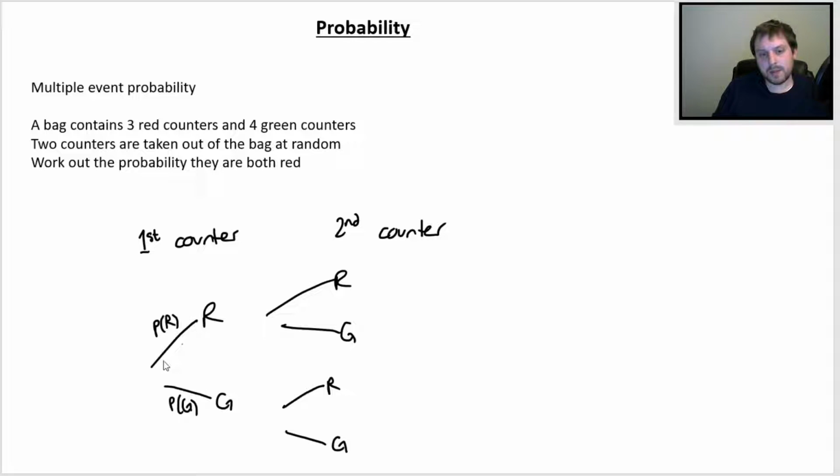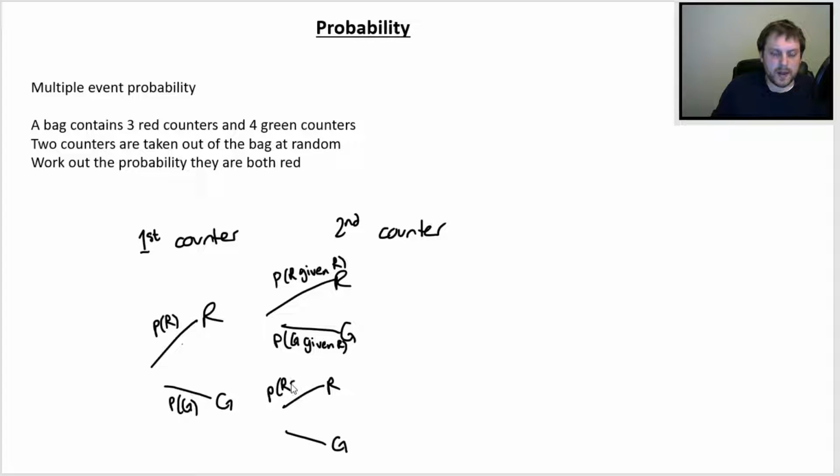So the first counter being red has some probability, so probability of red on the first go. Now, what would I actually write here? I'd have to put the probability of red given that it was red on the first go, and this is the probability of green given that it was red on the first go.